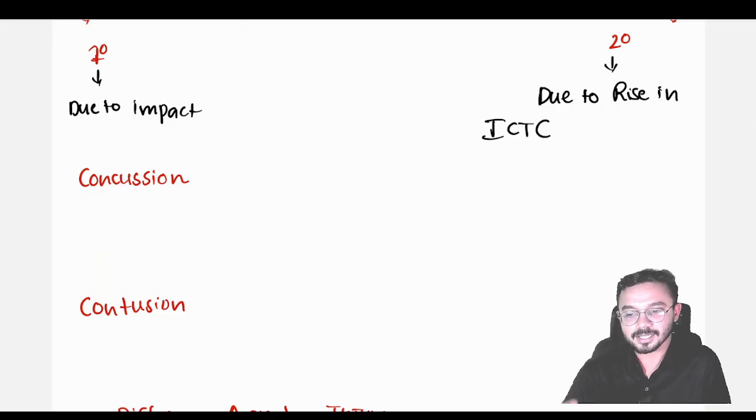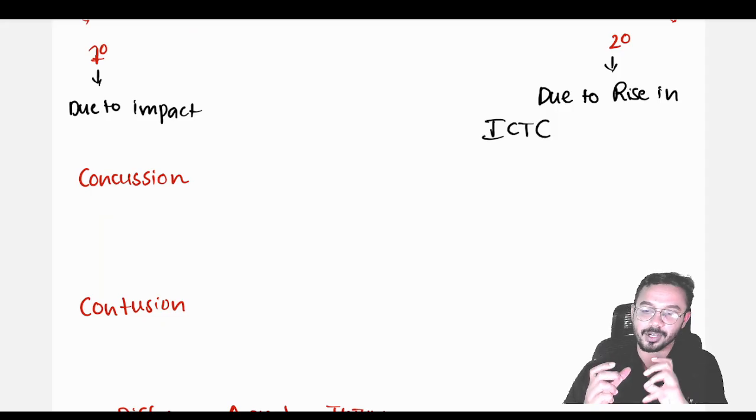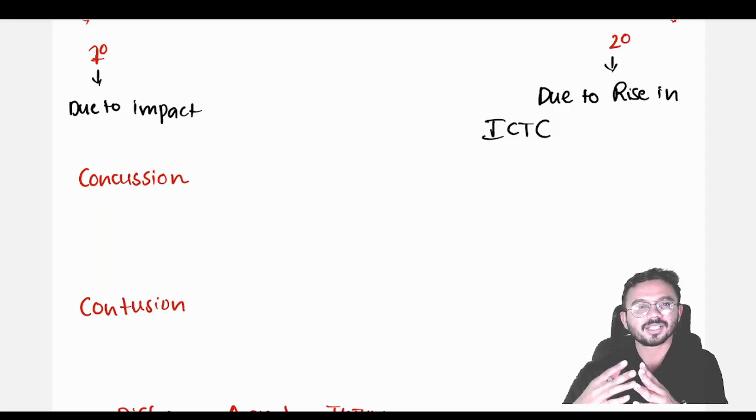What do you mean by concussion? Suppose imagine two players are playing football or basketball, and they have a collision with each other, and one of the players falls down. Within about 10 seconds he wakes up.